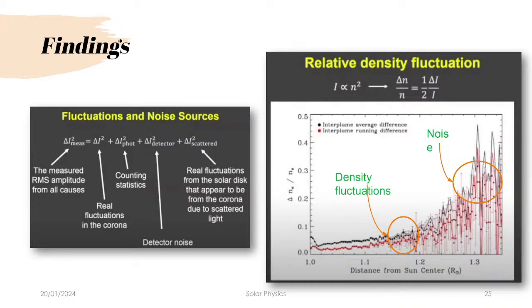What you have mentioned, the error bars are actually small because I am able to detect the noise or the counting statistics, because the statistical error or whatever is the real fluctuation in the corona, assuming that I'm able to do this, I'm actually getting the density fluctuation that I'm looking for, basically the fluctuations that are happening in the corona, right?